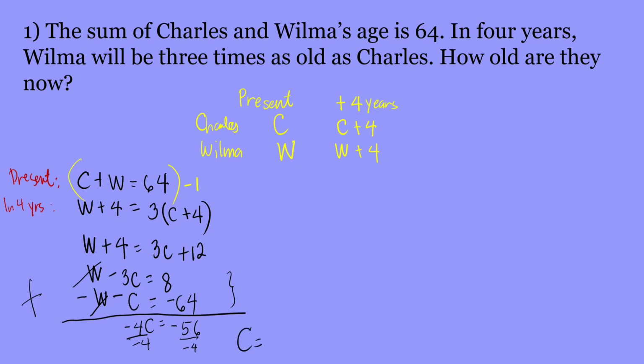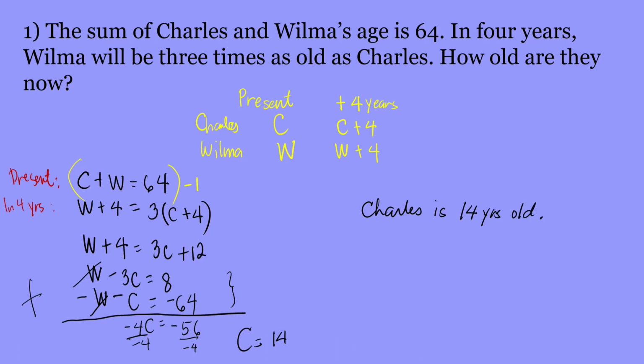C is 14. So what is letter C in our representations? C is equivalent to 14, the age of Charles at present. So Charles, we can write our final answer. Charles is 14 years old.